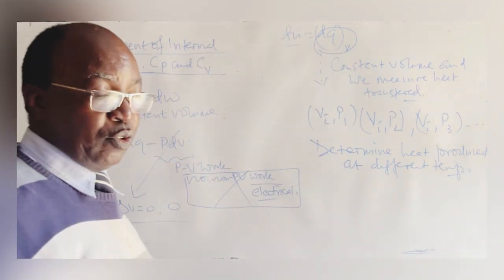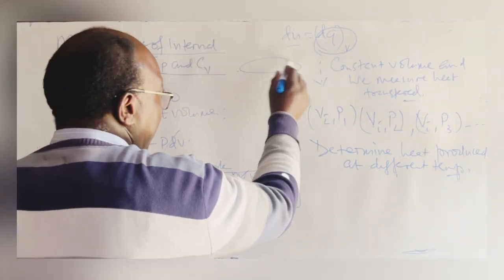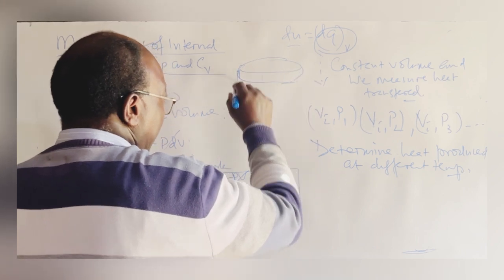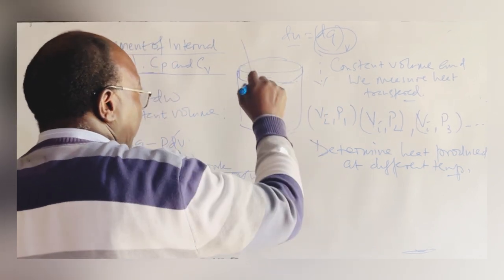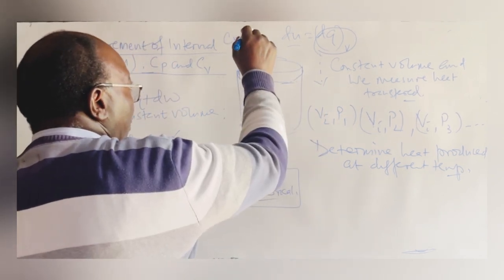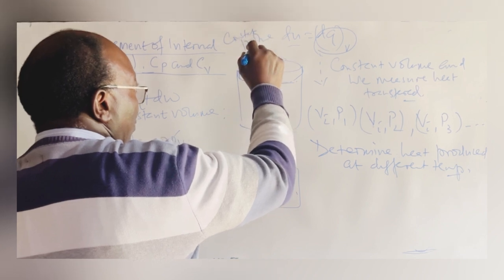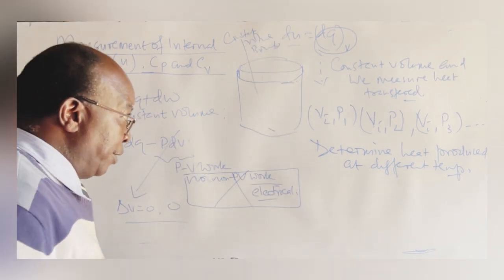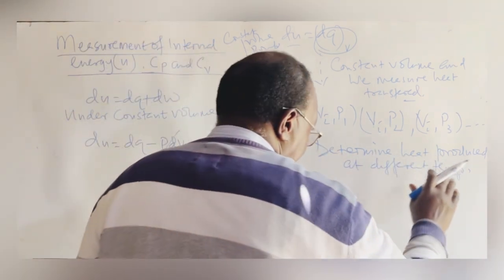If you have your constant volume bomb, you continue computing the amount of heat produced at different temperatures.